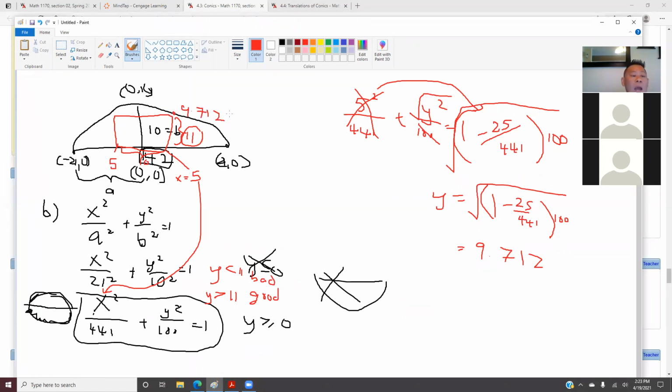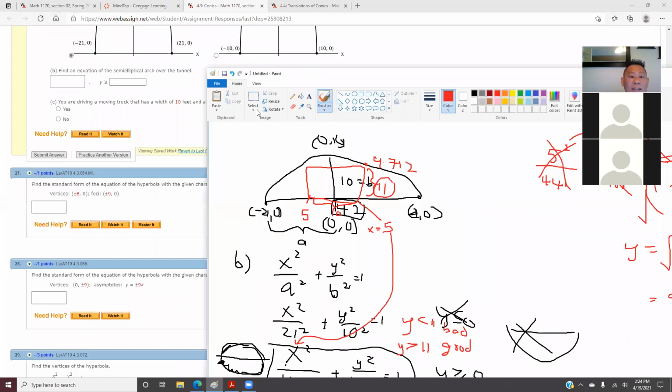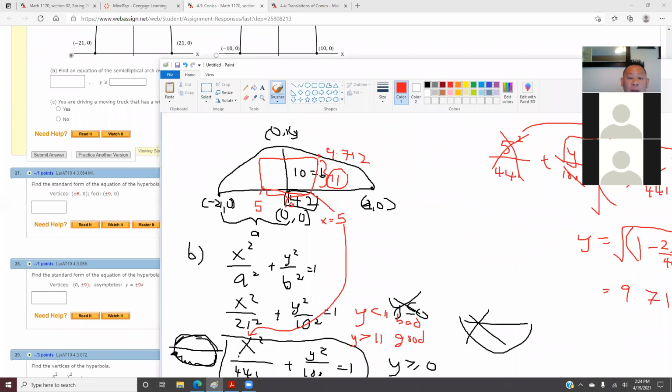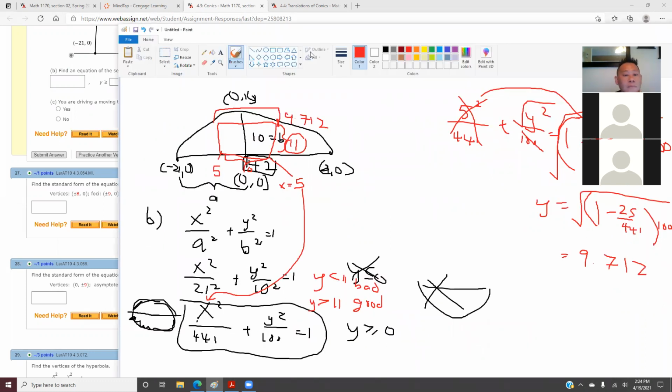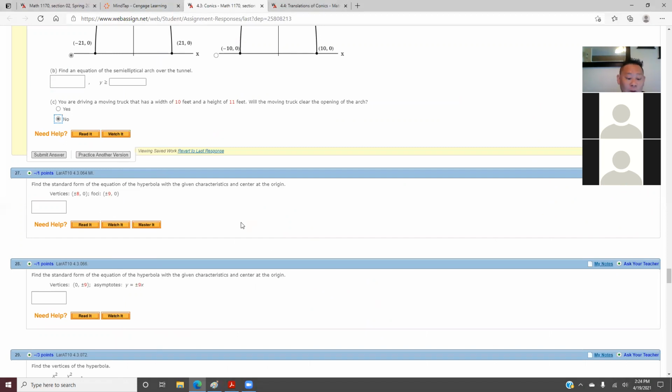So that means when x is 5, y is 9.712. And your truck is actually 11 feet tall. Your truck is this tall. So the question is, can your truck go through this tunnel? Yes or no? Since the truck is higher than that, in this case, no, your truck cannot go through.